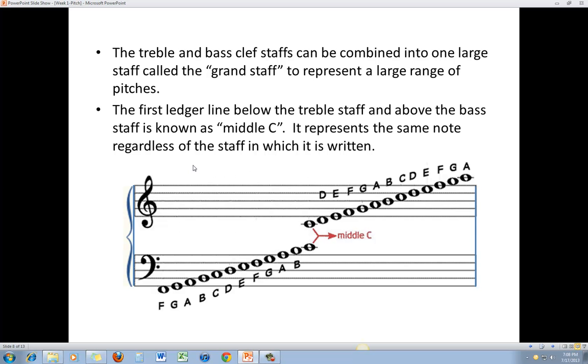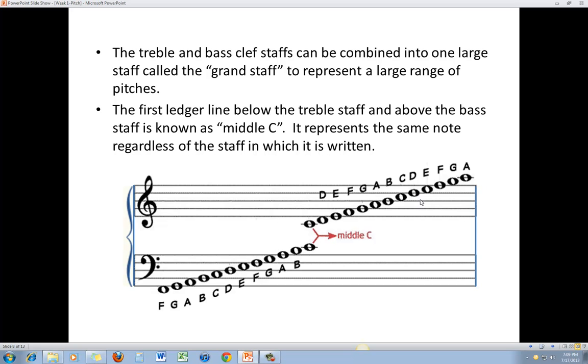The treble clef staff and the bass clef staff are often combined into one large staff, which is called the grand staff. The way that you can tell that you're dealing with one grand staff, as opposed to just 2 separate lines, is usually when you've got a grand staff, there's some kind of a bracket on the end, and bar lines tend to go through both sets of staves.